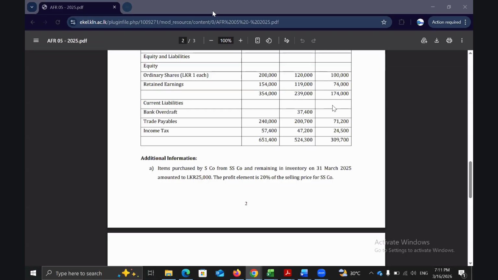Yes, good. The selling entity has the unrealized profit. The selling entity has the unrealized profit. Then the unrealized profit should be taken off from whose retained earnings? The retained earnings of entity SS, and from whose inventory?